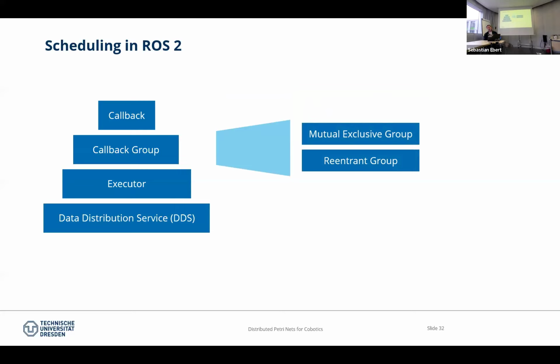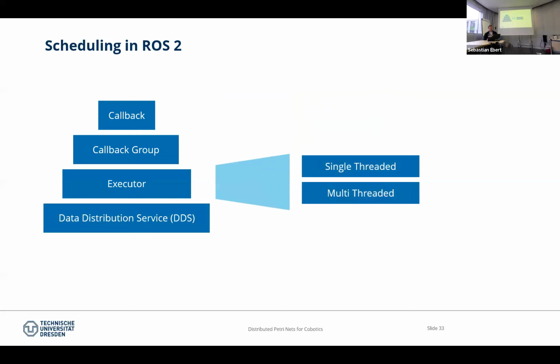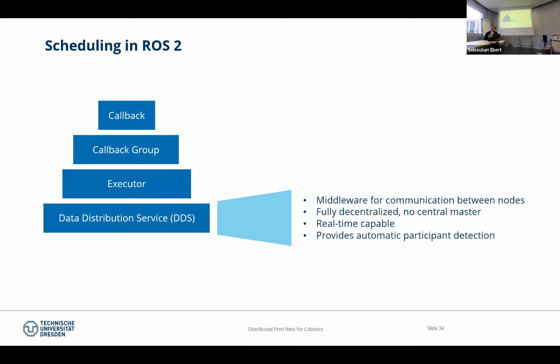These callbacks and callback groups are then scheduled by executors, which are either single or multi-threaded, depending on what you want to do in your application. And below that, we have our middleware, which in most cases, but also exchangeable now with the latest versions, is DDS, the low-level middleware which handles communication between the nodes and is fully decentralized, but still real-time capable.